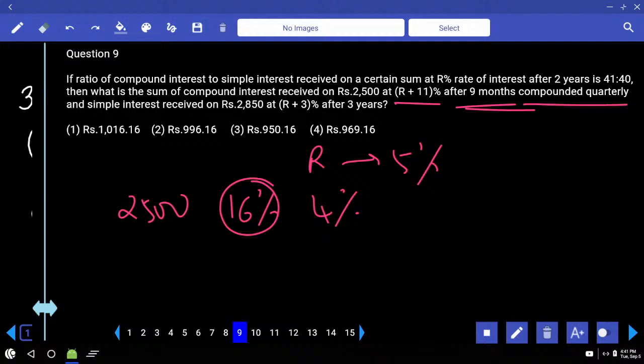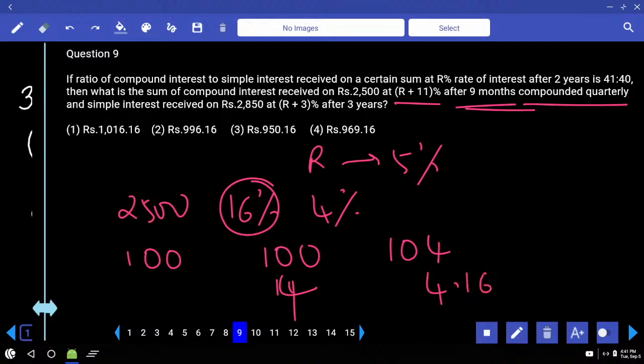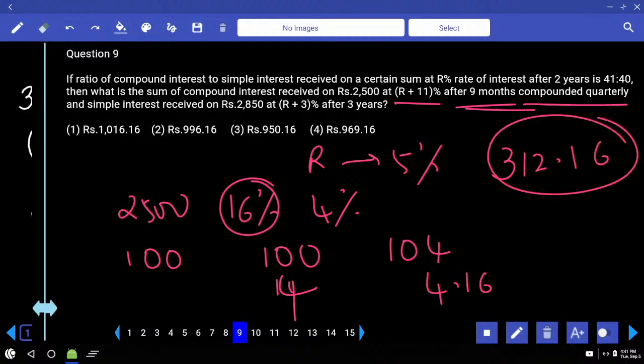On 100 rupees, again 100 rupees, 4% is 4 rupees, 104. 4% gives 4.16, isn't it? That is 312.16, the interest accrued from 2500 at the rate of 16% compound interest.